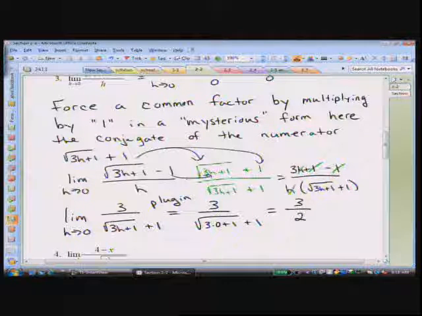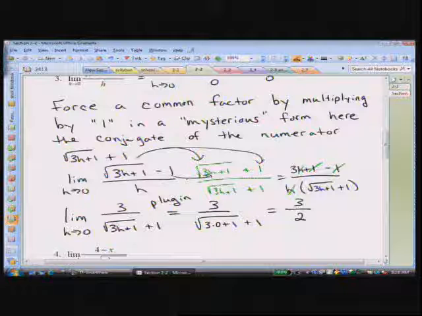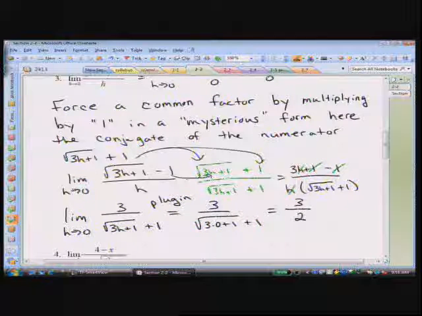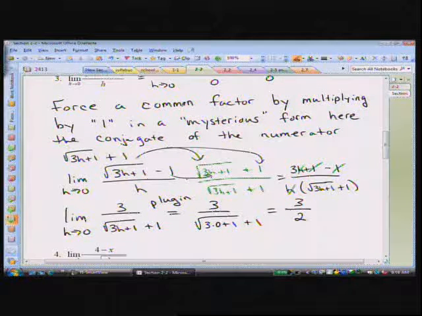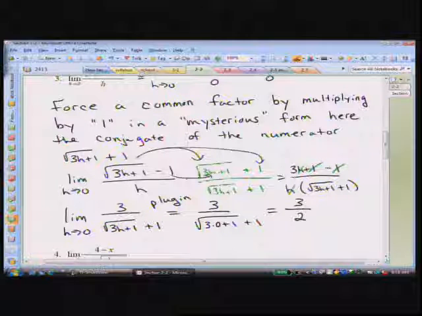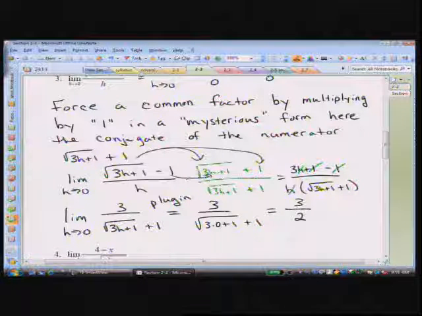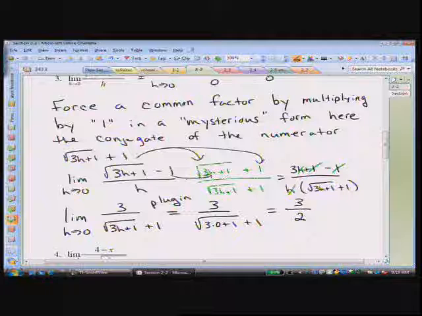Okay, so if you were reporting an answer, typically you don't have radicals in the denominator. That's actually not as important as it used to be. That was back in the days before calculators.